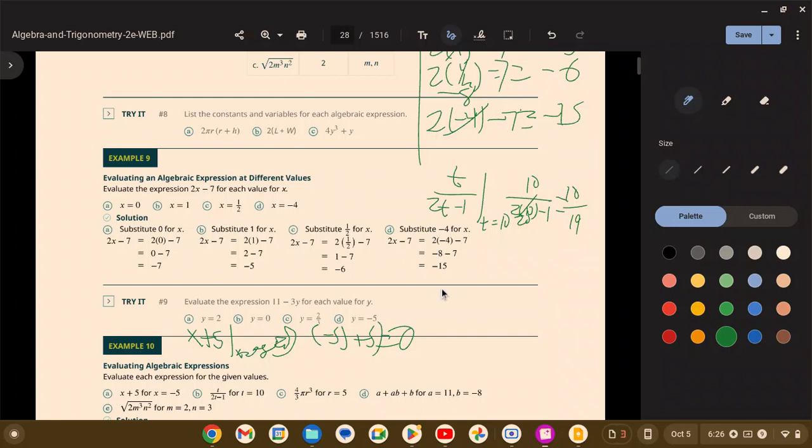So 4/3 pi r cubed, 4 over 3 pi r cubed, for r equals 5. That's going to equal, so r equals 5, it's 125, 125 over 3, 4, like that, pi, there.